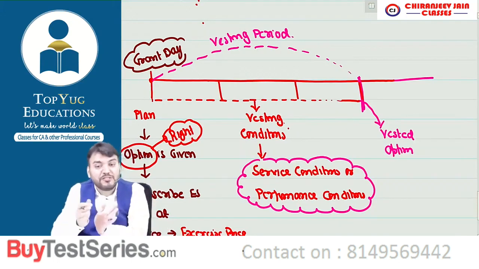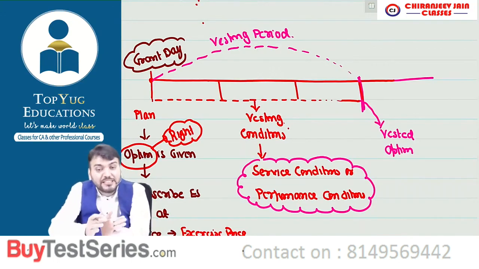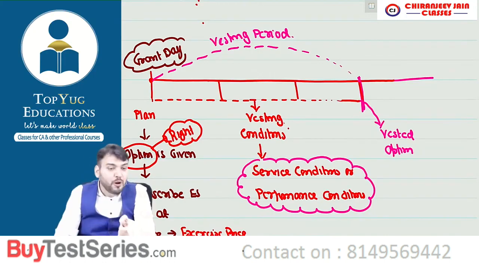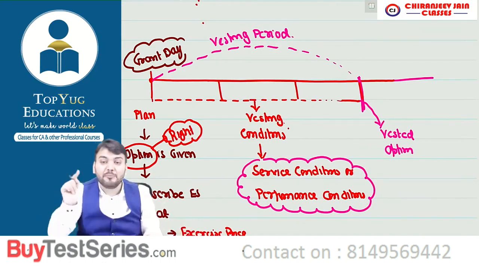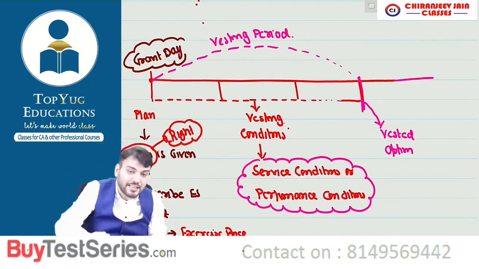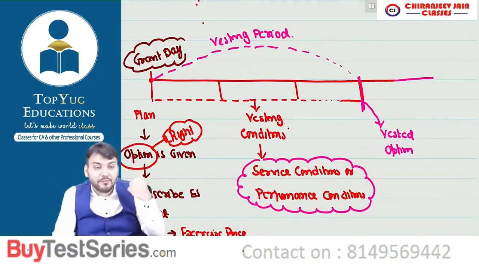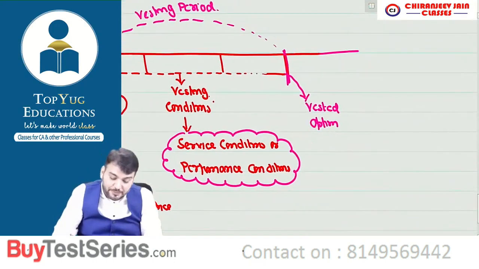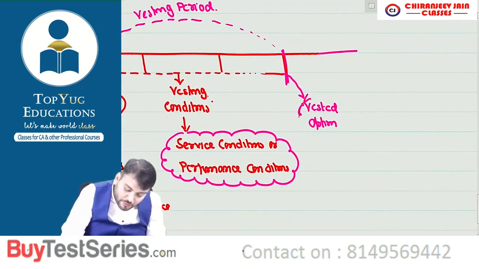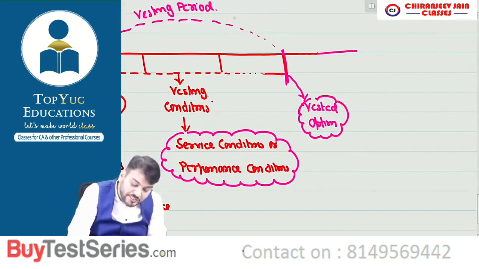Means the option got matured, now the right is matured. Now the employee can exercise their right. During the vesting period, the employee cannot exercise their right. Once the option becomes vested, now the employee can exercise the right.